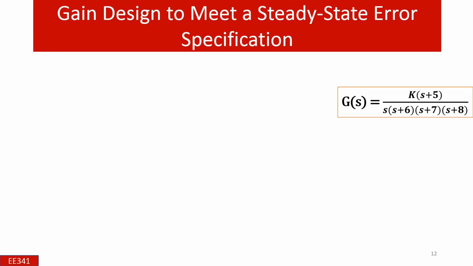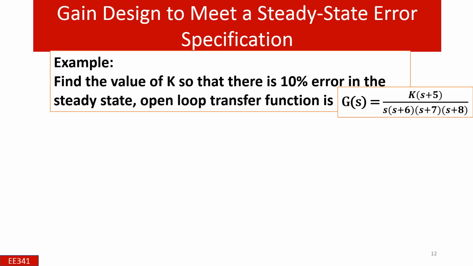Here in this example we have a design problem. We have to find the value of K, where the steady state error is given as 10%, and the open loop transfer function is also given, equal to K times (s + 5) over four poles.